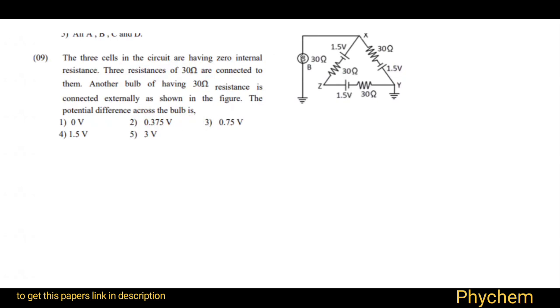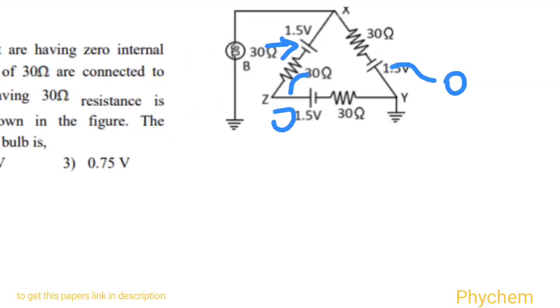Okay, when we observe the circuit, they are asking about a bulb, and they are asking for the voltage difference across this bulb, and they are showing the earth symbol. So you know that when any point is earthed, the voltage at that point will be 0. So point Y also has voltage 0.